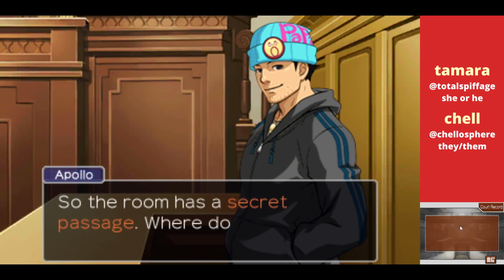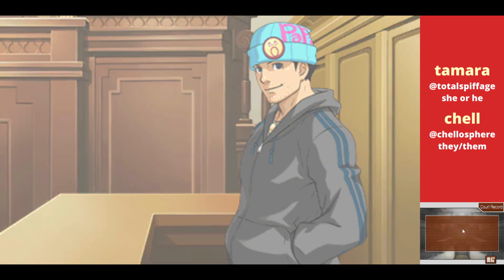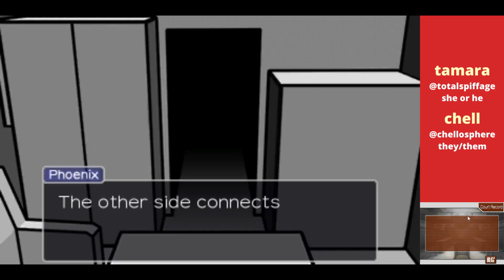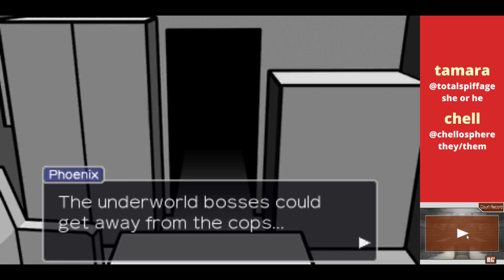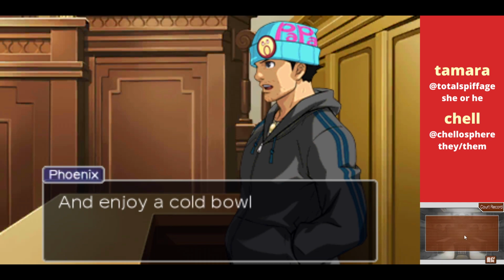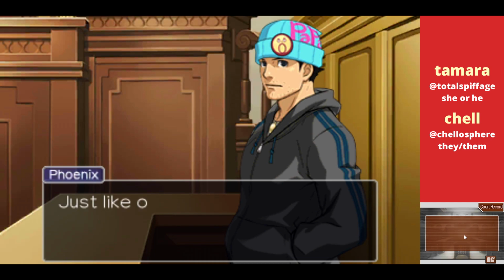So the room has a secret passage. Where does it go? The other side connects to the restaurant above. The underworld bosses could get away from the cops and enjoy a cold bowl of borscht, no doubt. Just like our killer.